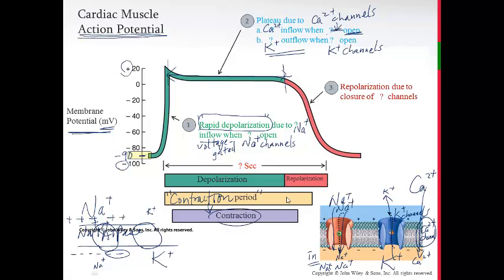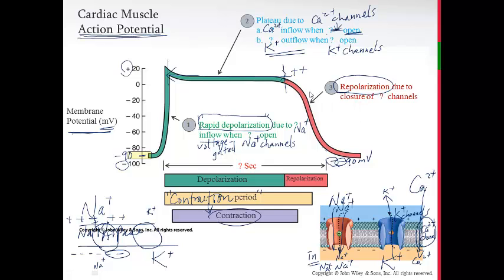Now the cells will return back to normal. So when we return back to minus 90 millivolts, this is what we call a repolarization, because you're going from positive charge inside the cells back to negatively charged inside the cells.